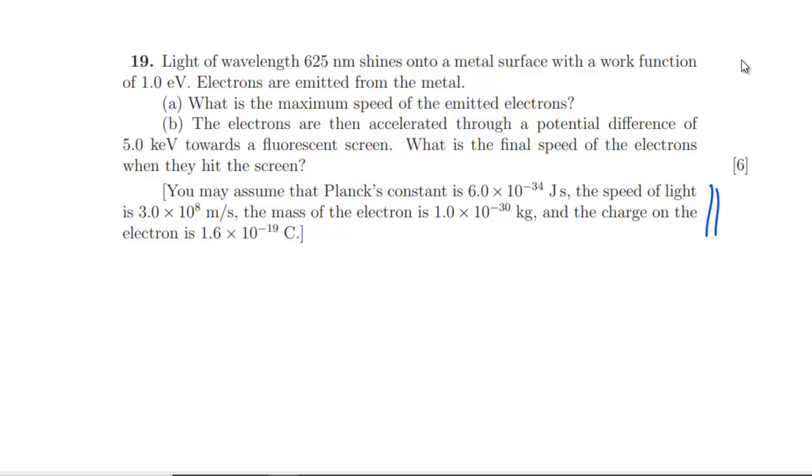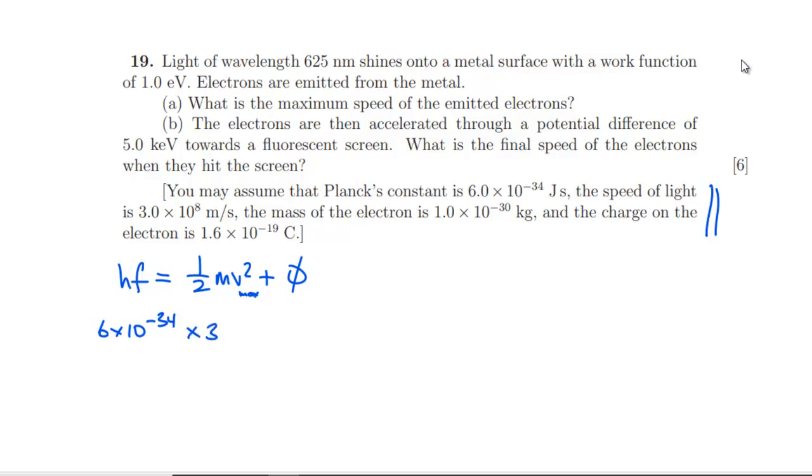So maximum speed is going to be, for V, we've got hf equals half mv squared plus the work function. That's going to be for our V max. So our hf, h, they've given us 6 times 10 to the minus 34. And f, well, of course, that's c over lambda.